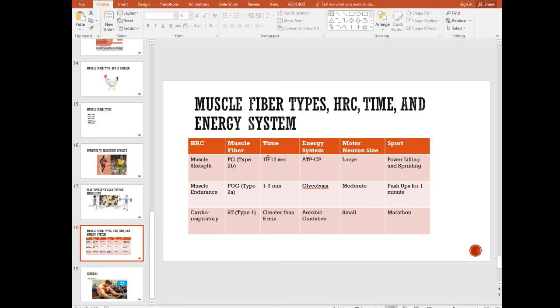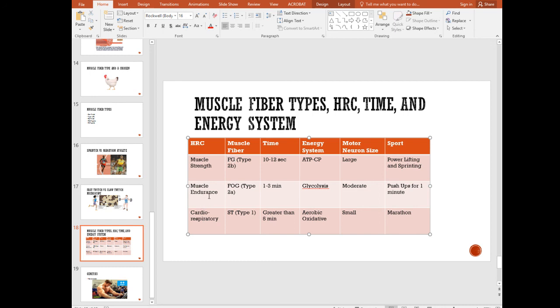Your events are going to last about 10 or 12 seconds, like sprinting, all-out events. You're going to run off the immediate source of ATP within the muscle, so you're going to need the ATP-CP system. You're going to have huge, large motor neurons, and the events you would probably do well in would be powerlifting and sprinting. So if you did a muscle biopsy and you saw that you had a huge percentage of fast-twitch glycolytic muscle and you didn't train, you probably need to start training for it.